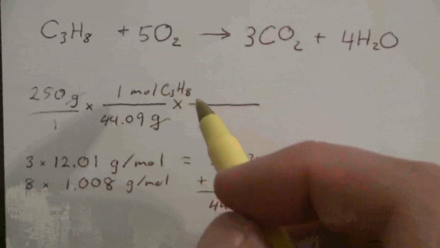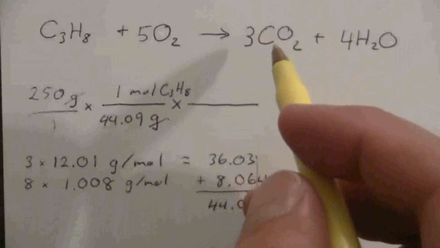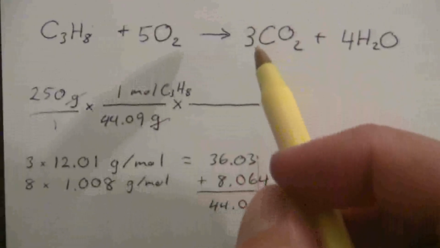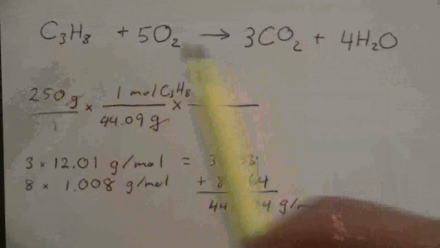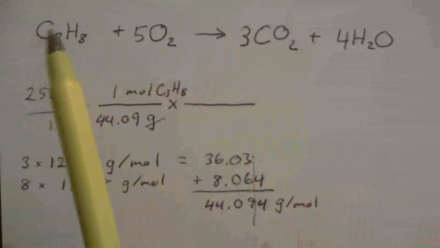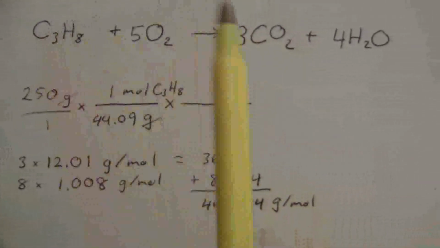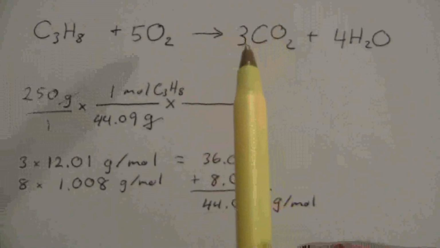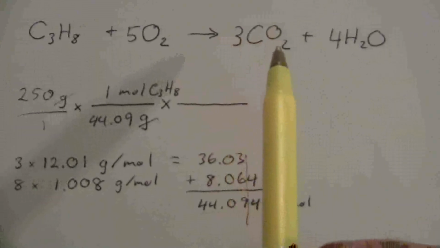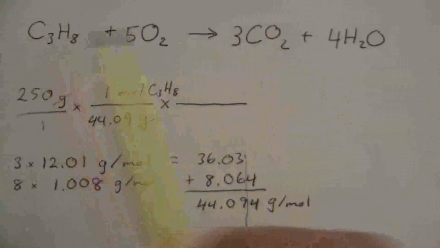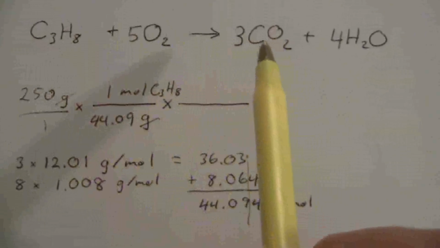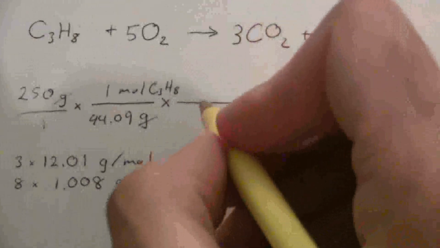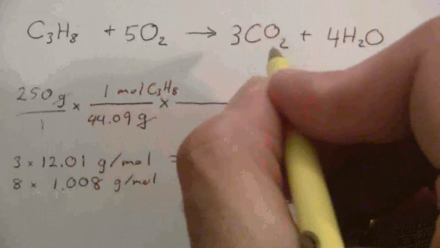But I want to know how much carbon dioxide is formed. Well, that's what the equation helps me out with, because it tells me that for every mole of propane, I produce 3 moles of carbon dioxide. So I can find a mole ratio there, and that's what I'm going to use here, because it's a conversion factor.